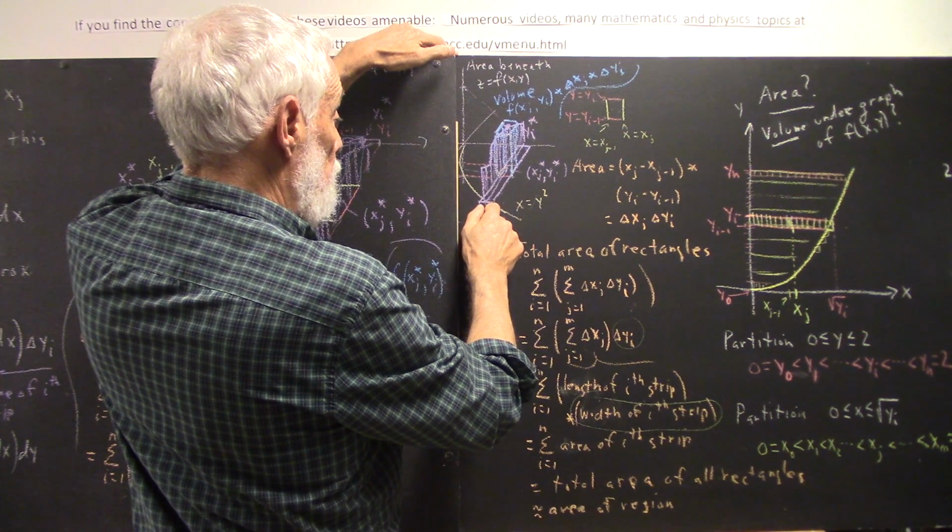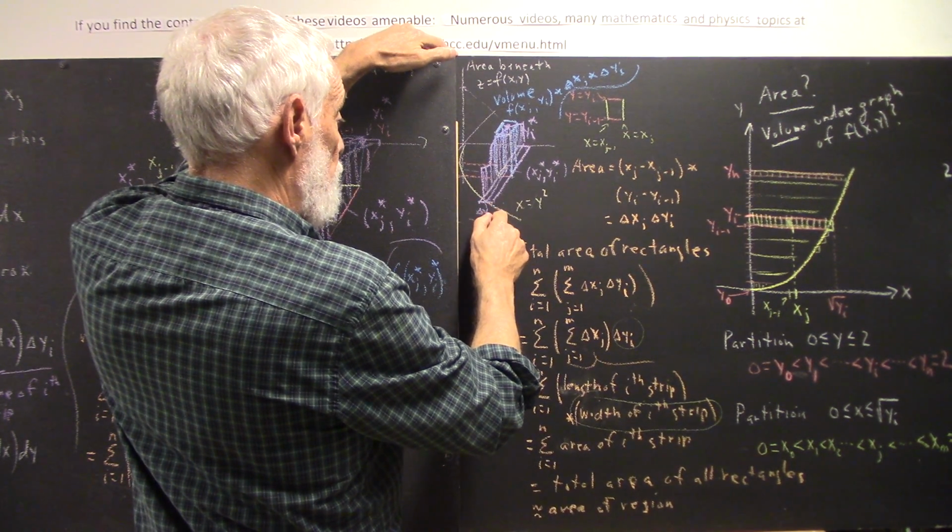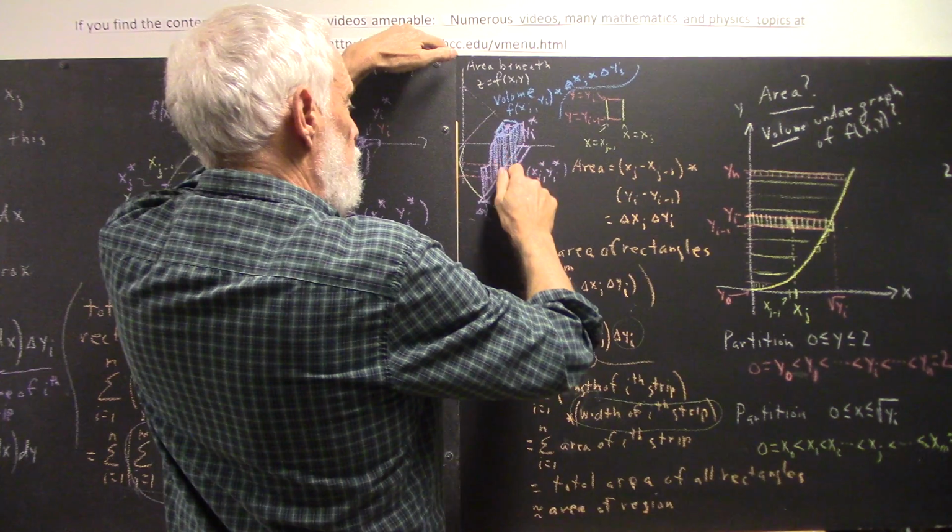So we got a distance here, delta y sub i, and we got an area here.